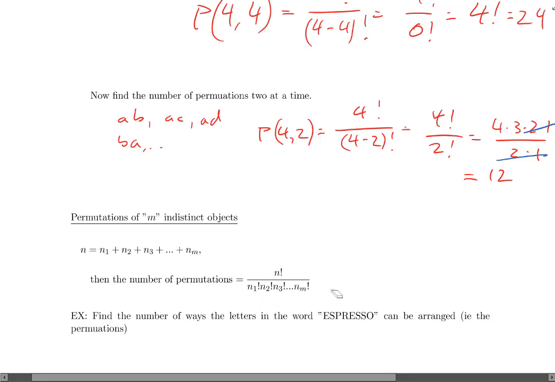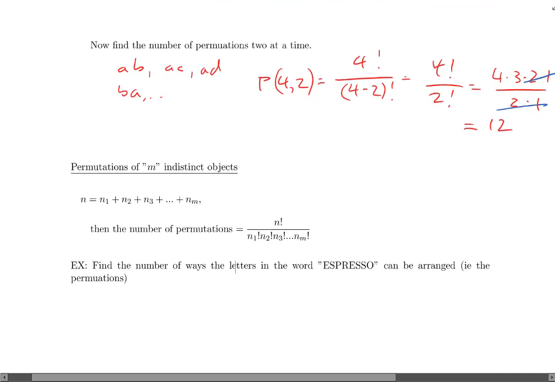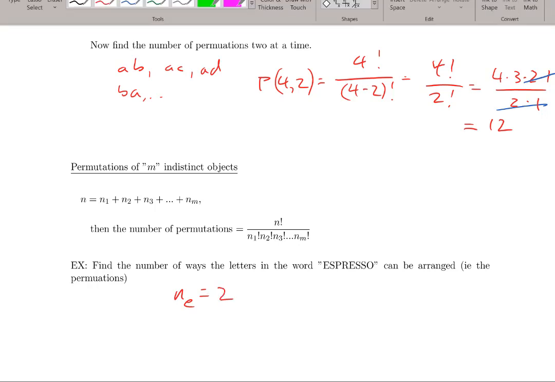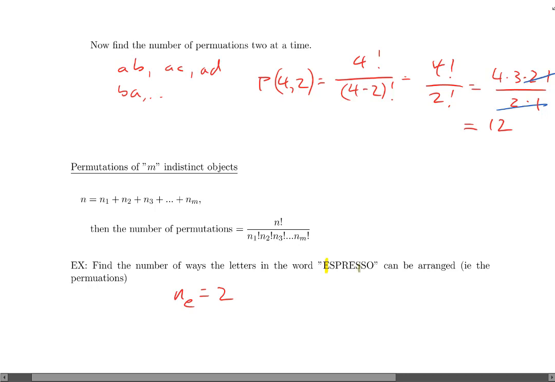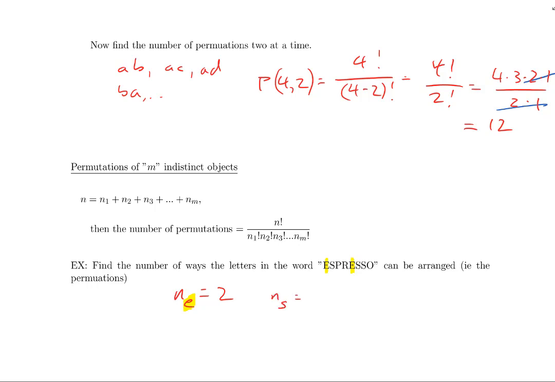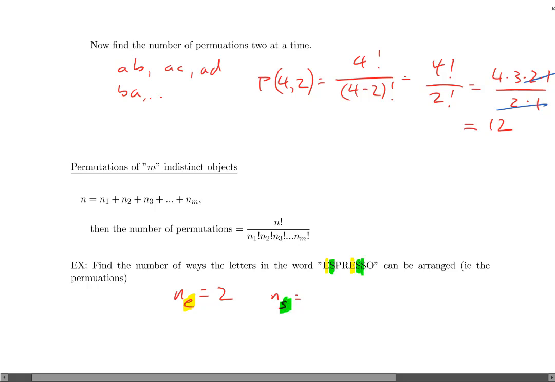Well, let's look at the example of the different ways we can write the word espresso. So we note that n_E, which is the number of times E shows up, is 2. Right here and here. And the number of times S shows up, we have 1 here and 2 more here, so it's a total of 3.